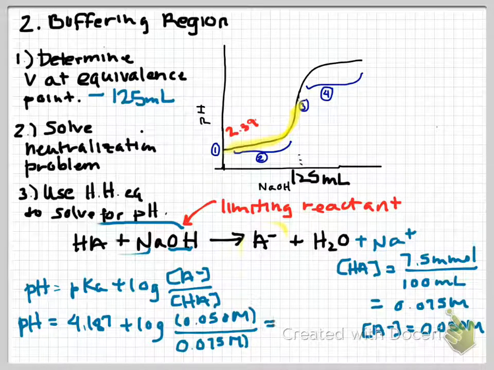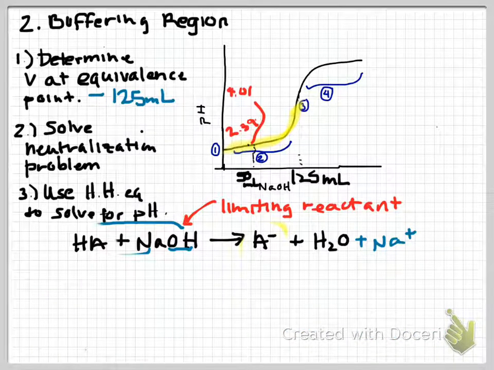And that equals 4.01. So any point along region 2 can be solved using that technique. I went ahead and marked our point now, 4.01, at our 50 mL.